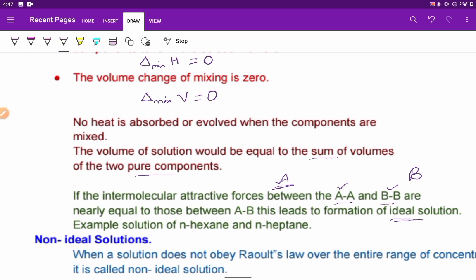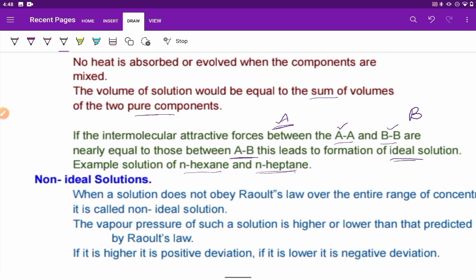At the same time, when we have formed the solution, there will be new intermolecular attractive forces between the molecules of A as well as B. And if both the attractive forces are equal, what we get is an ideal solution. For example, as in the case of n-hexane and n-heptane. These are organic compounds, hexane and heptane.